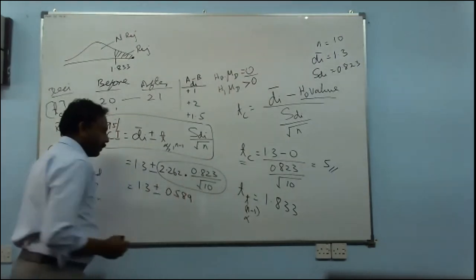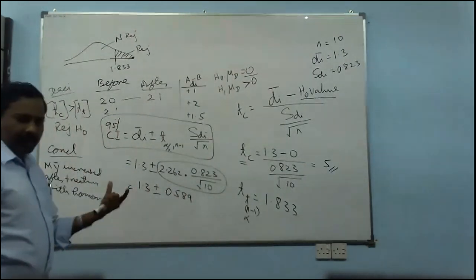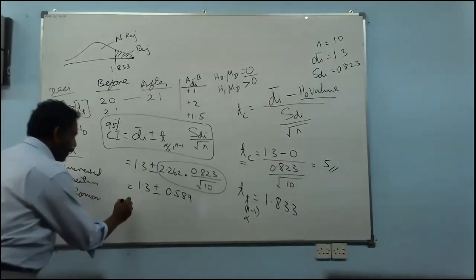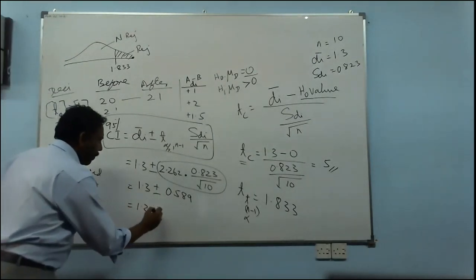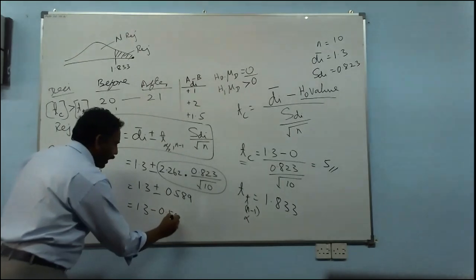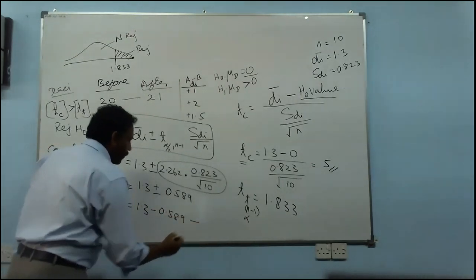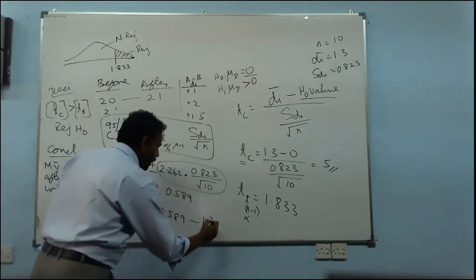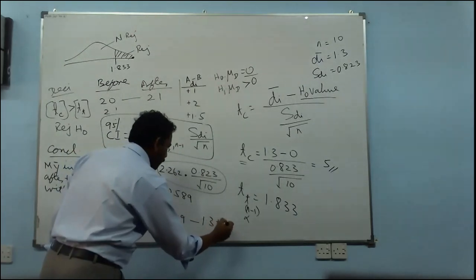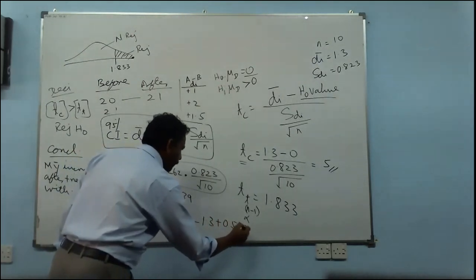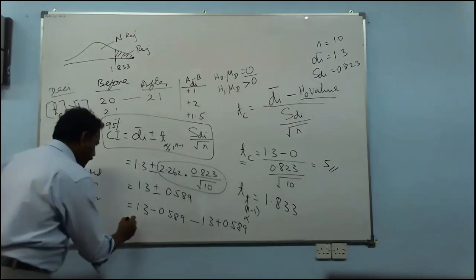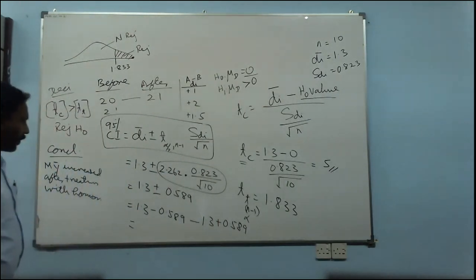Okay, so we will take it to three digits. So this is 1.3 minus 0.589 and 1.3 plus 0.589. Get me the actual value.